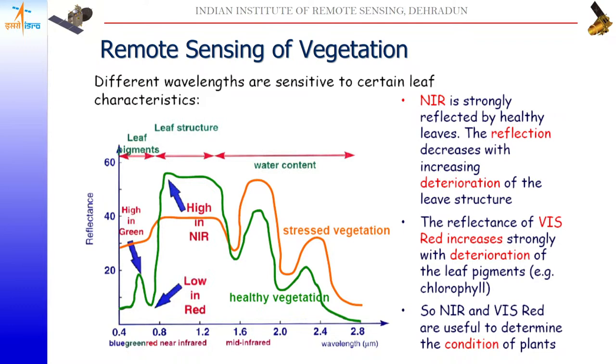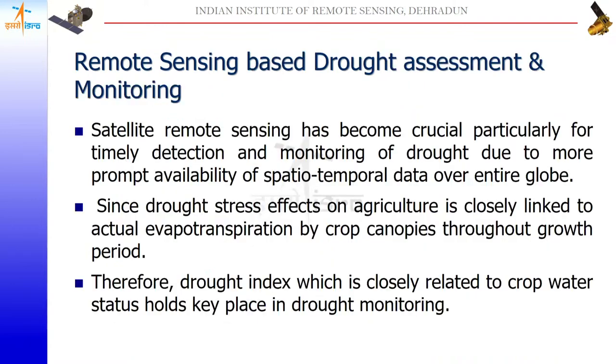With the NIR and red band information, we can derive various kinds of indices. The most used spectral vegetation index is NDVI, the normalized difference vegetation index, which is significantly used for assessment of crop vigor and is denoted as a proxy of crop vigor.